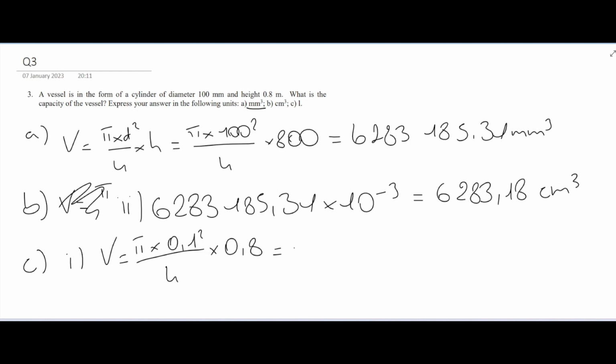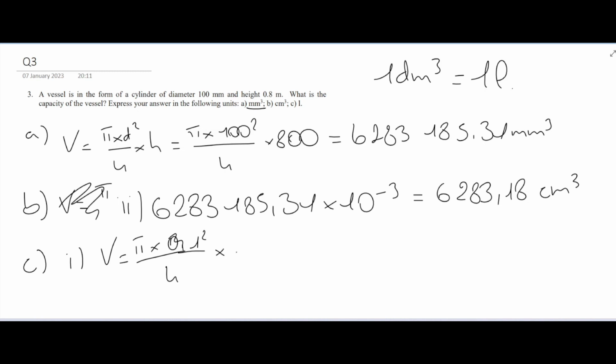Right, so actually this means we want it to be in decimeters cubed. Actually, never mind. Let me just go back a bit. So we want our answer in decimeters cubed, as 1 decimeter cubed is the same as 1 liter. 100 millimeters is the same as 1 decimeter.